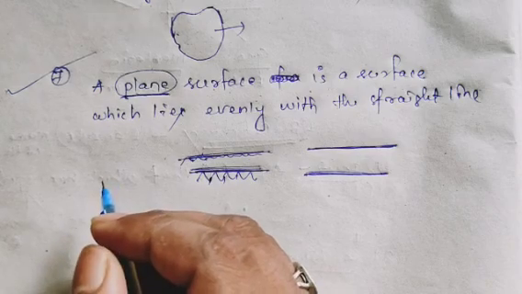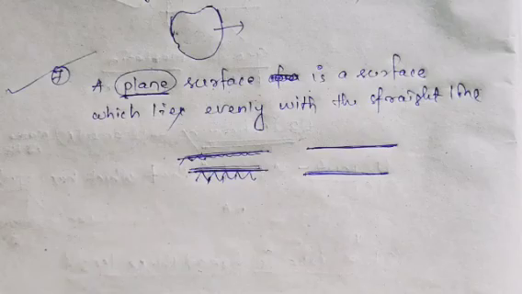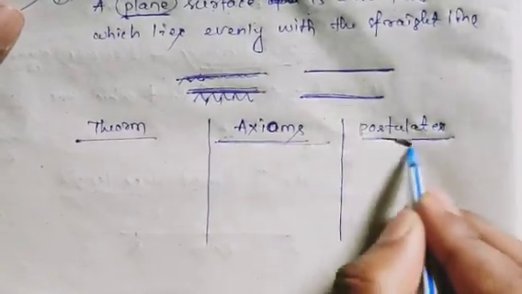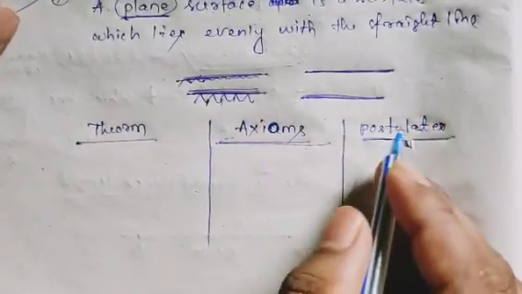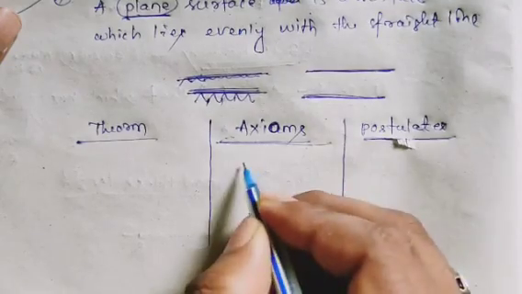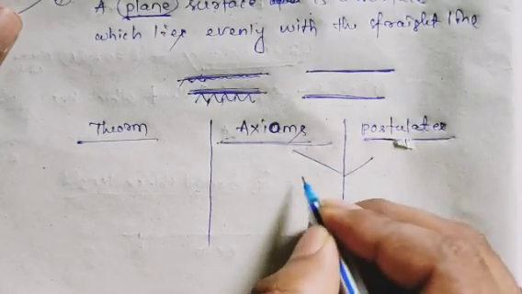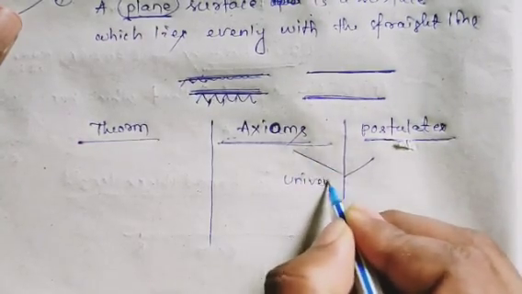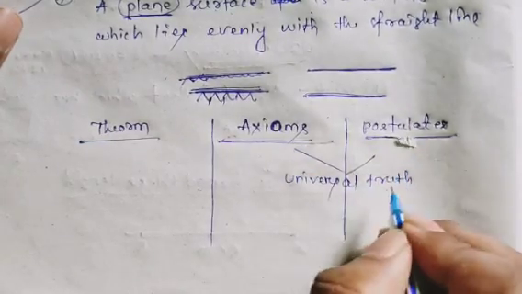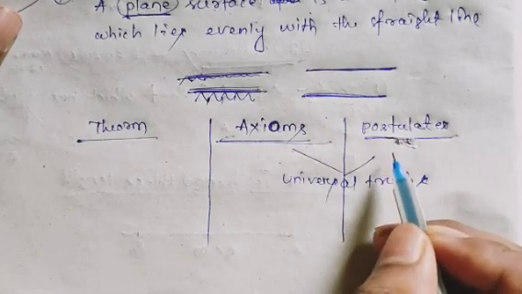Okay, let us understand what is axiom, what is postulate, and what is theorem. We know that axioms and postulates, both are universal truths, but the use of axiom and postulate are different from each other.